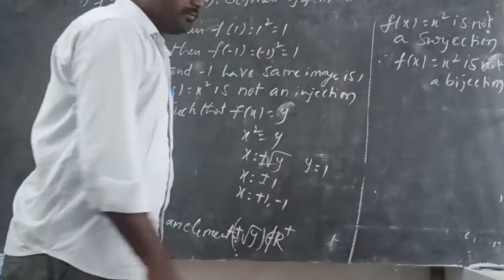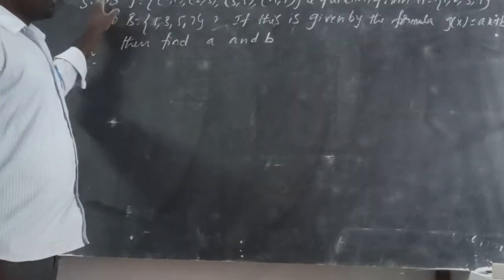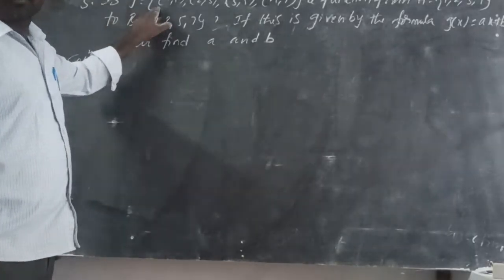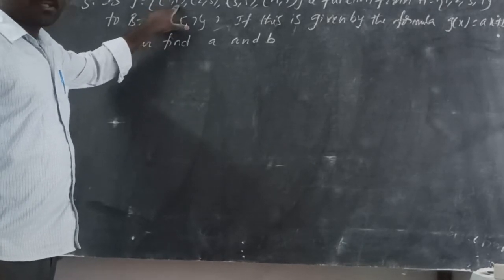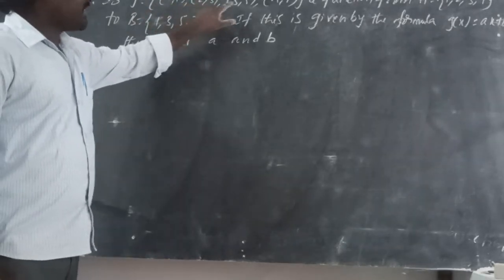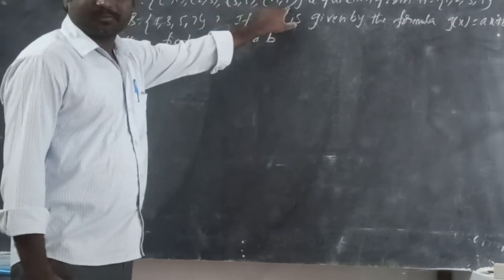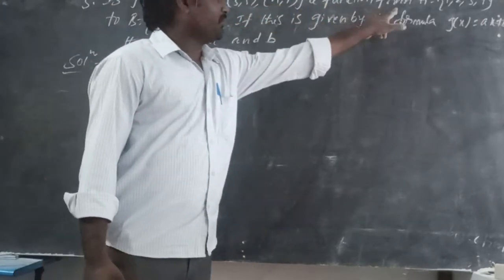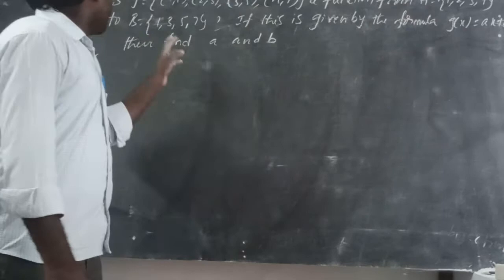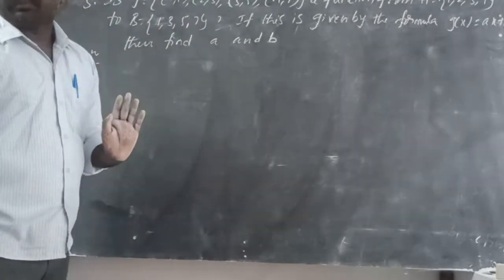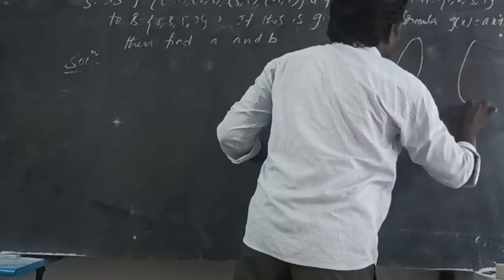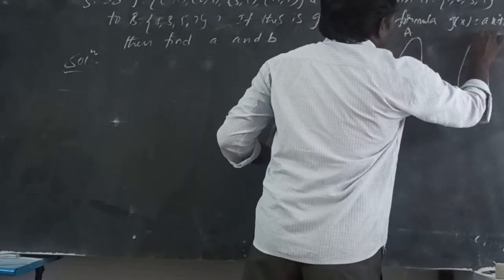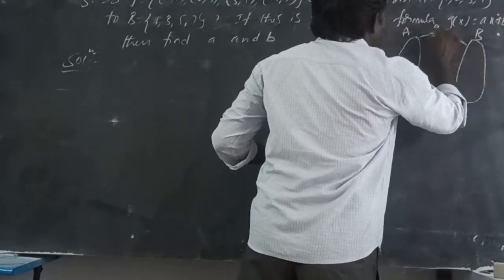Third, the function g is 1 mapping to 1, 2 mapping to 3, 3 mapping to 5, 4 mapping to 7. A function from A, which is 1 2 3 4, to B, which is 1 3 5 7. Here it is A, and it is B. The function g is a mapping.